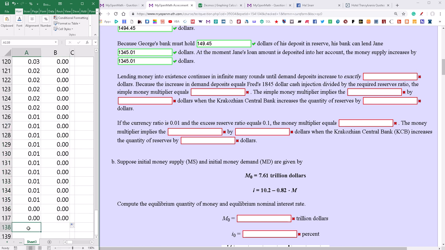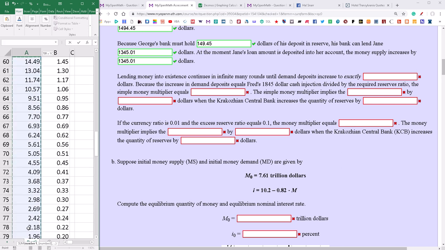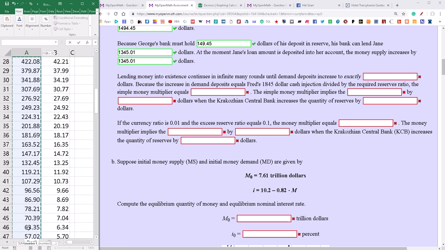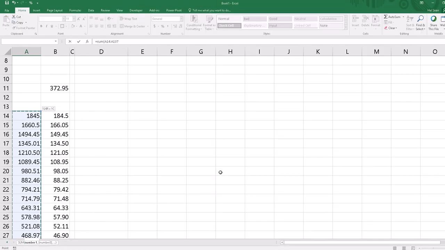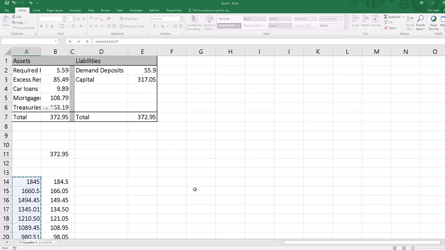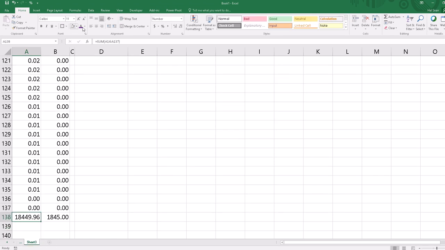There we go. Let's go ahead and sum up this first column. Okay, hit enter, and we change the decimal places, and it looks like it's the amount of the original deposit times 10.